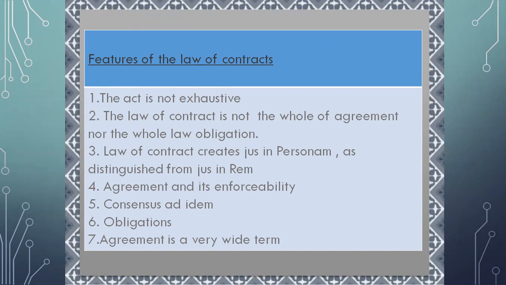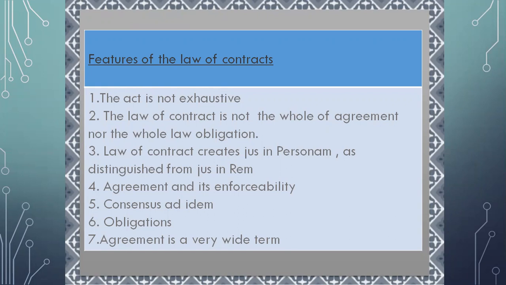Next we will see obligation. Sixth, for an agreement to become a contract, obligation is necessary. It must give rise to legal obligation.